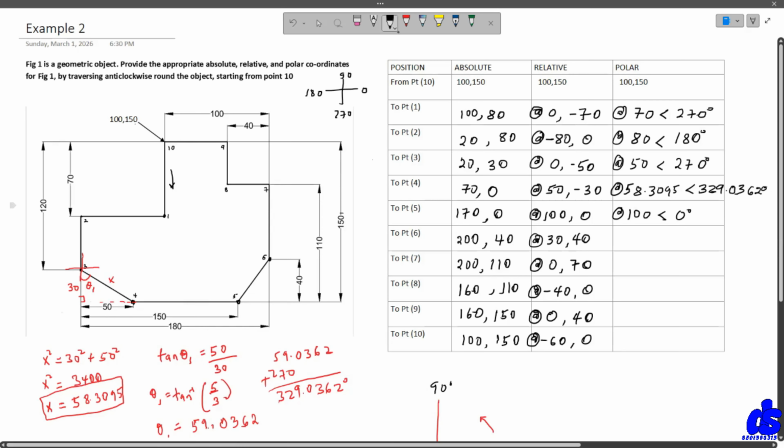Now for point 6, we will need to do another calculation.